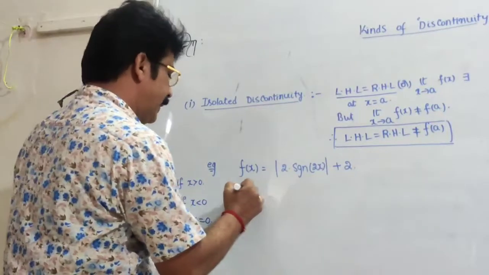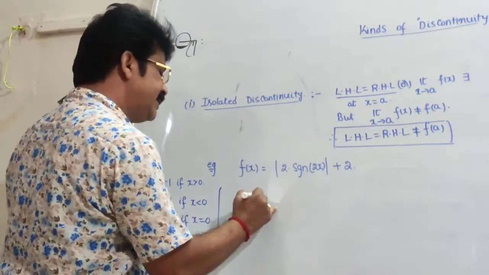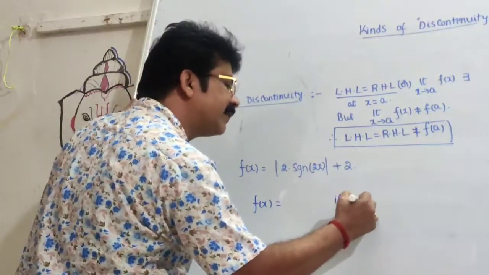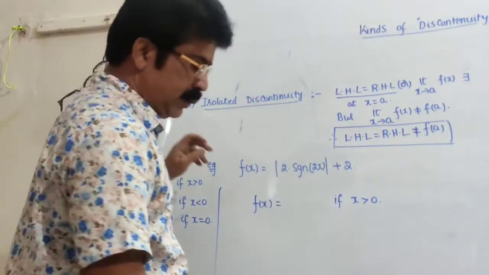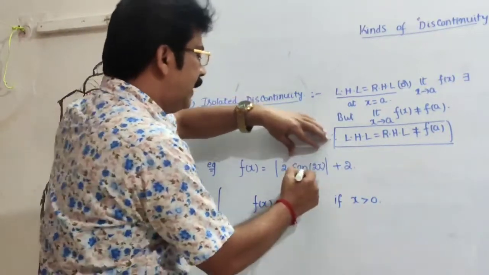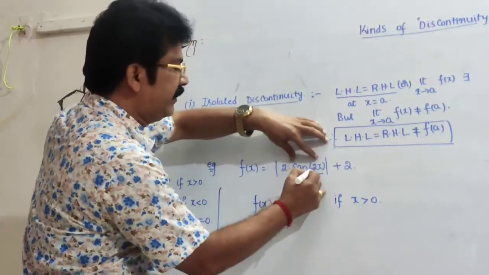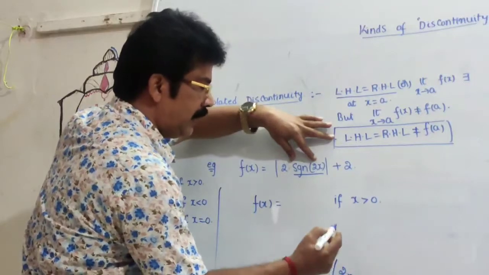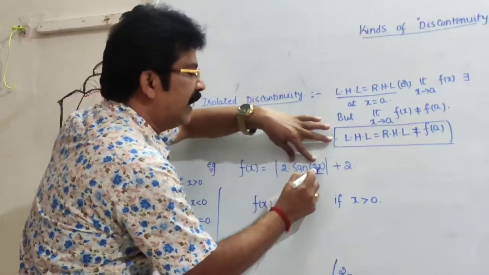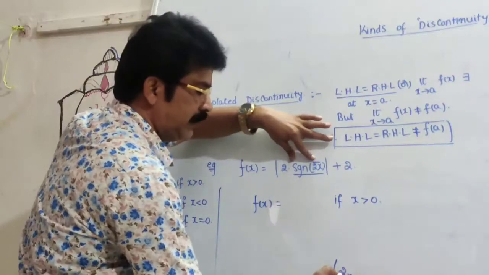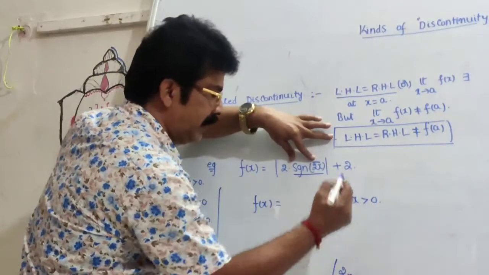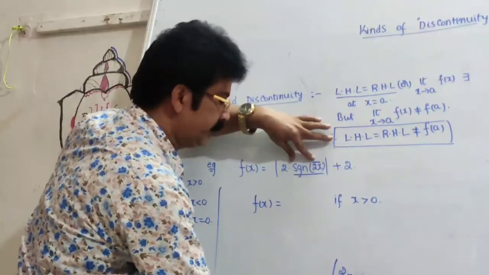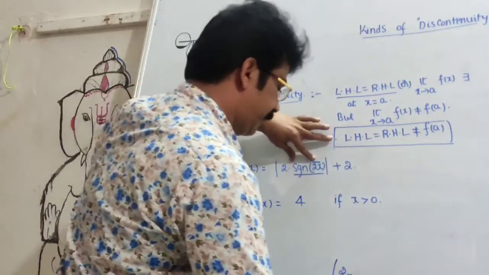So in this function, first we will take the x greater than 0 case. x greater than 0 means signum of 2x is 1, modulus of 2 into 1 plus 2, modulus of 2 is 2, 2 plus 2, 4. So total 4.